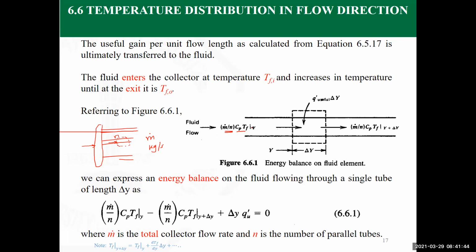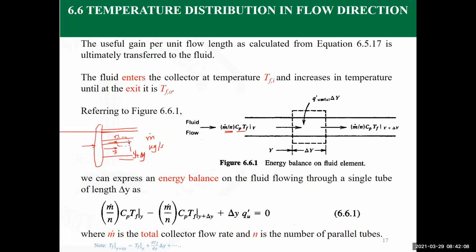At the location that we are considering, which is y. If we start with y equal to 0 from here, and then it is moving, then this distance is y, and this distance here is nothing but y plus delta y. This is what we have learned in the analysis of heat transfer.